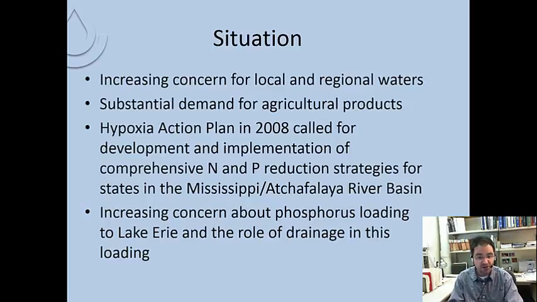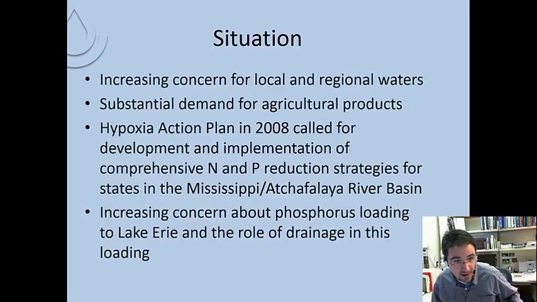Minnesota has a strategy. Illinois is in the process of developing a strategy. Indiana has some materials out. And so that's really what has led to this action plan, and the task force in 2008 calling for these has really led to development of nitrogen and phosphorus reduction strategies for the states.